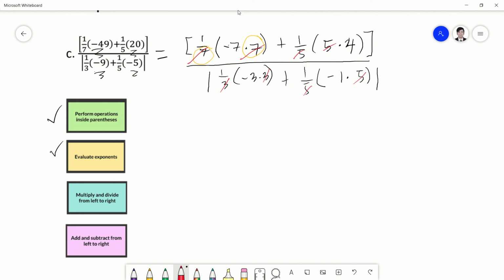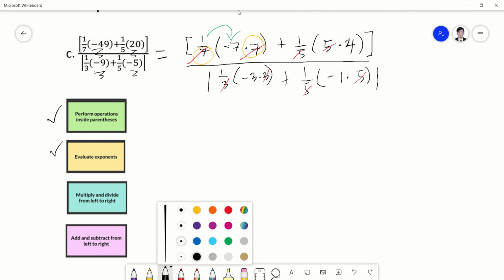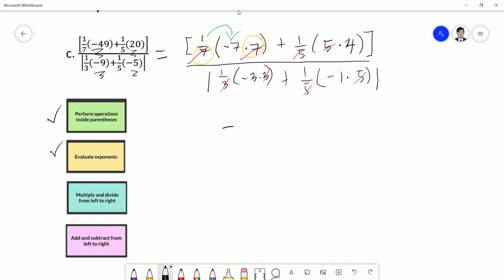So now let's check what is left. 1 times negative 7 is negative 7. Plus, what is left here is just 4.